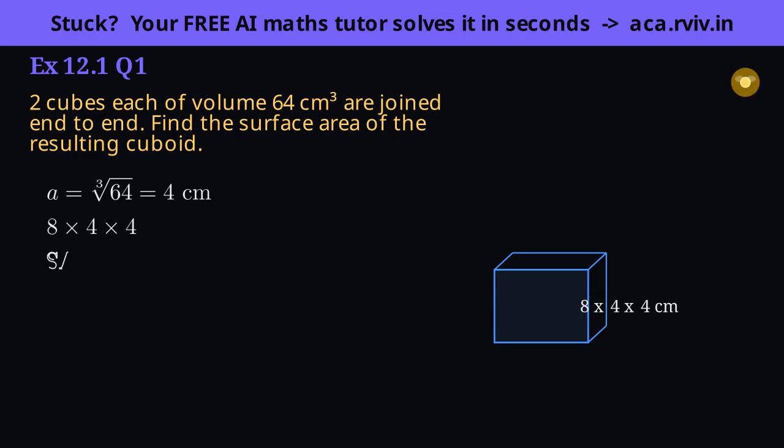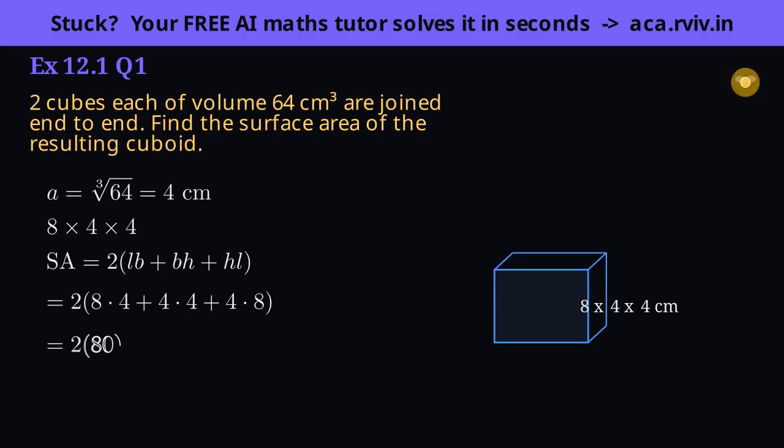For a cuboid, surface area is 2 times the sum of the 3 distinct face areas, length times breadth, breadth times height, height times length. The 2 times is because every face has an identical twin on the opposite side. Substitute our 8, 4 and 4: 8 times 4, plus 4 times 4, plus 4 times 8. Add inside the bracket, 32 plus 16 plus 32 is 80, then double for 160 square centimeters.